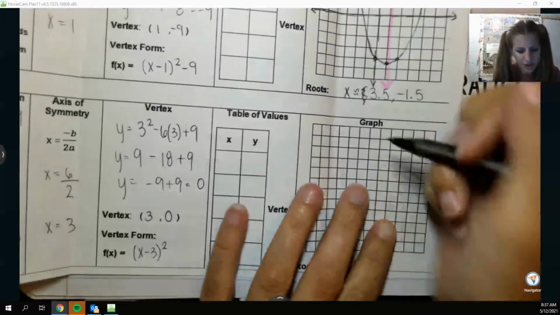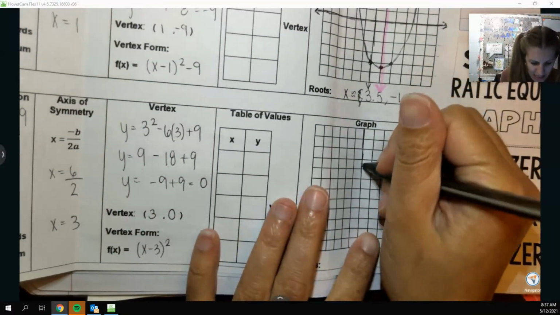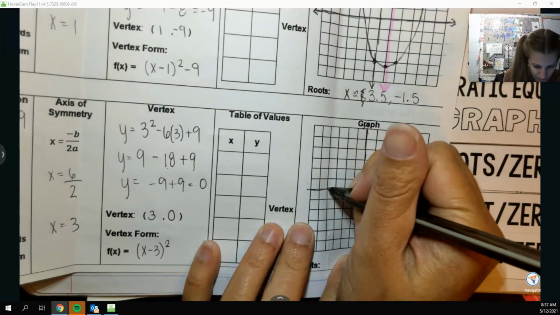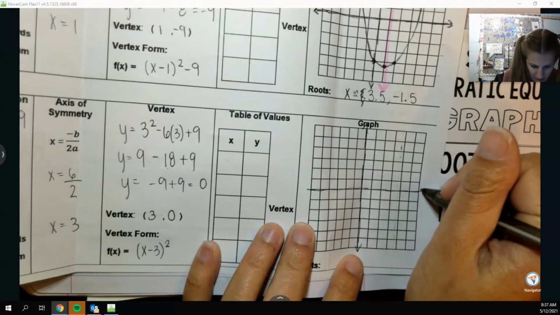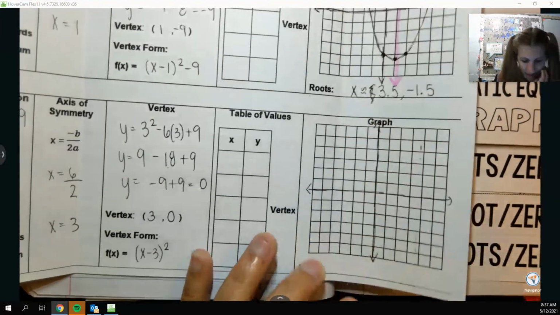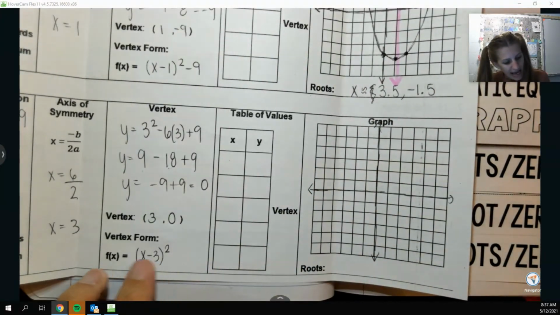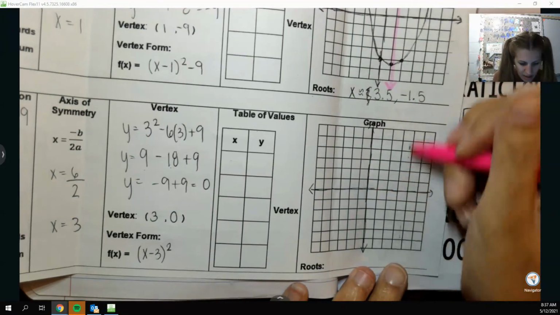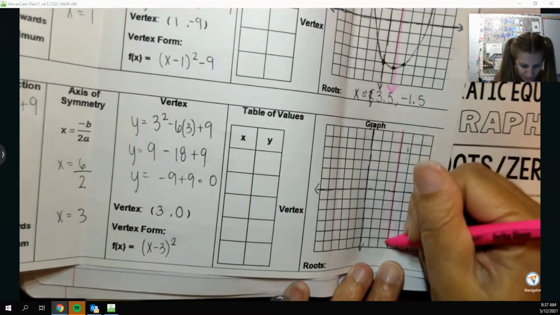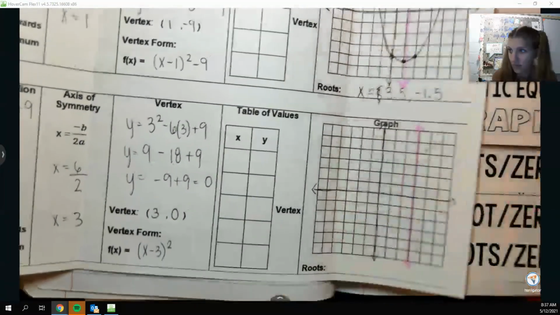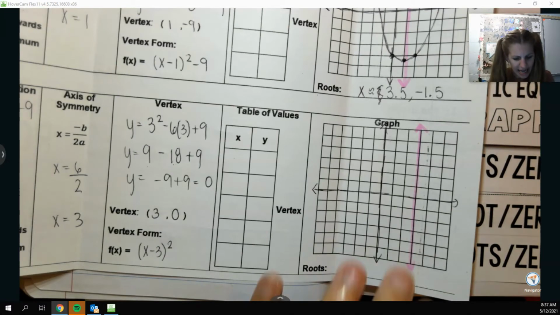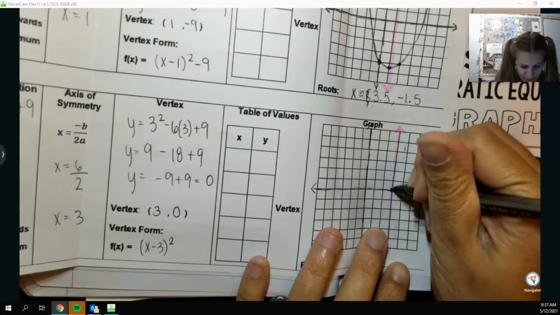And so when we come over here to graph this, okay, my x and y axis. I'm going to plot my axis of symmetry at x equals 3. And then my vertex is on that line at 3, 0, so right here.